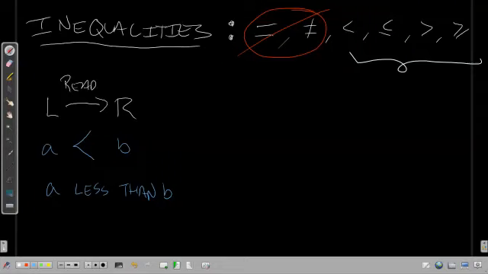And a typical adjective that is inserted in here is the word strictly.